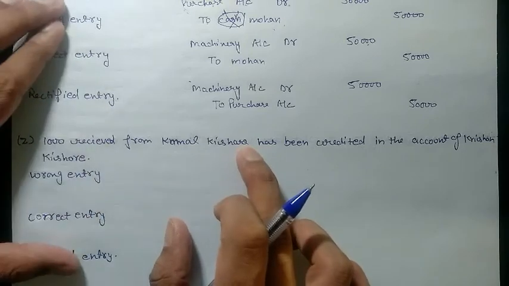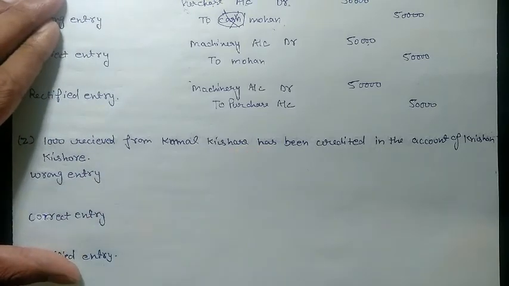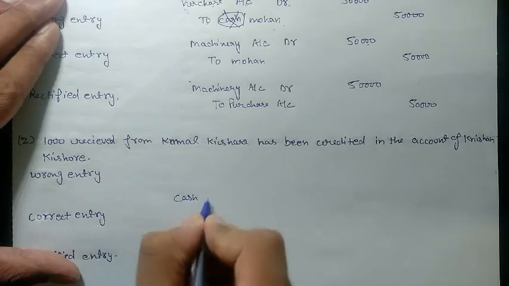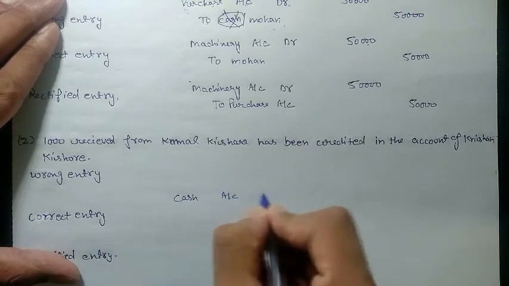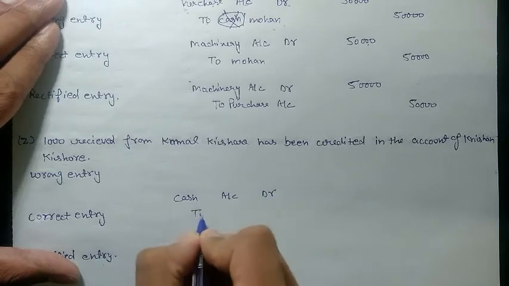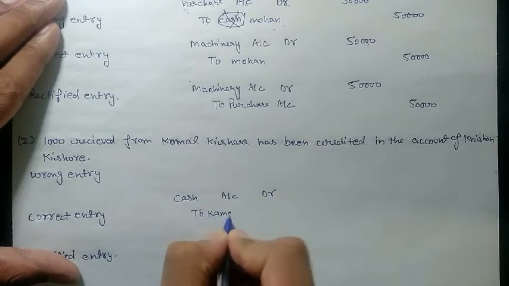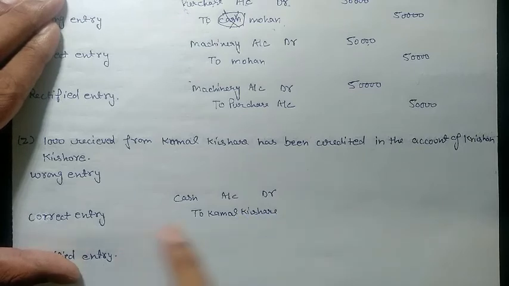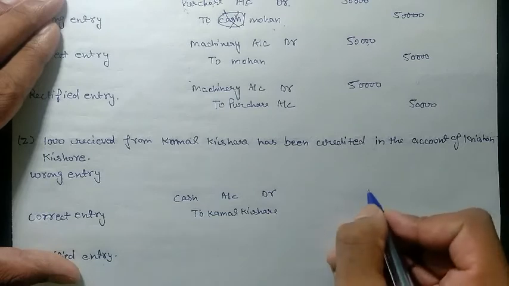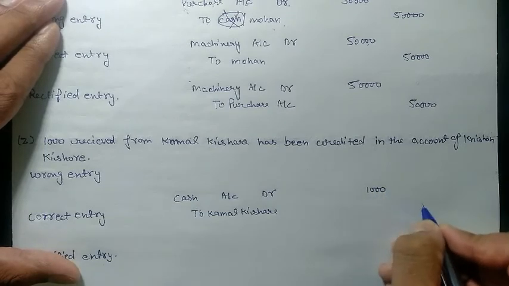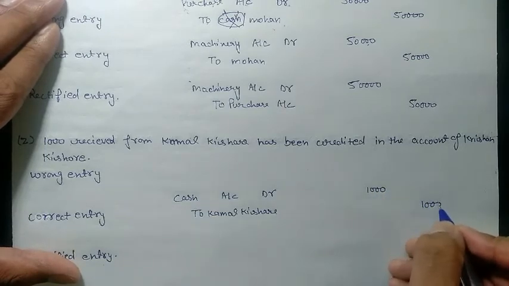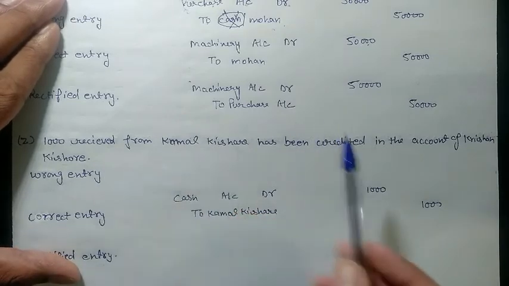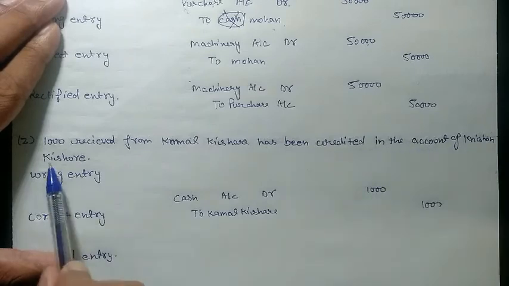We received 1000 rupees from Kamal Kishore, and we know for receiving we have a single entry, that is cash account debit to Kamal Kishore. In this case the amount is 1000. So this entry needs to be posted, but what we made was credited into the account of Krishan Kishore.